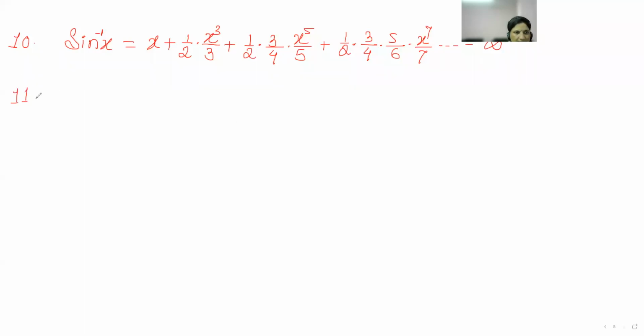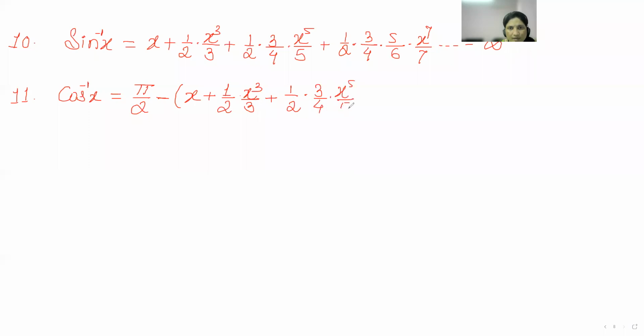Yes, pi by 2 comes there, because when we find out the value of c, c is equal to pi by 2. So cos inverse of x is pi by 2 minus, in bracket, x plus 1 by 2 into x cube by 3 plus 1 by 2 into 3 by 4 into x raised to 5 by 5 plus 1 by 2 into 3 by 4 into 5 by 6 into x raised to 7 by 7 and so on.